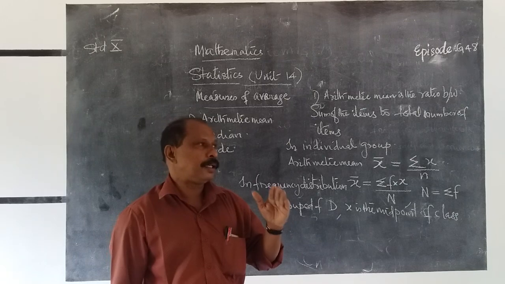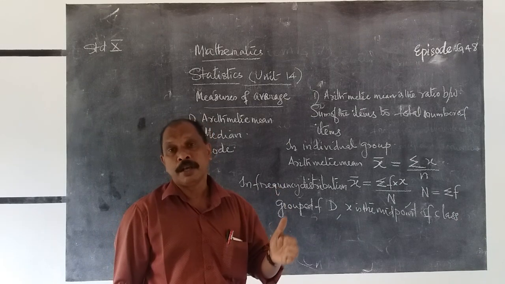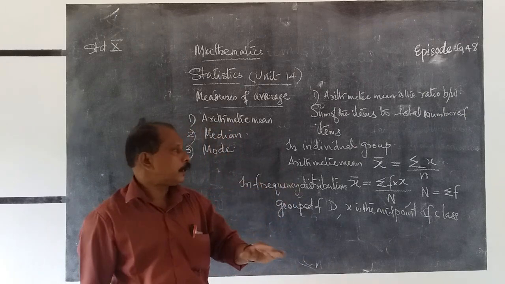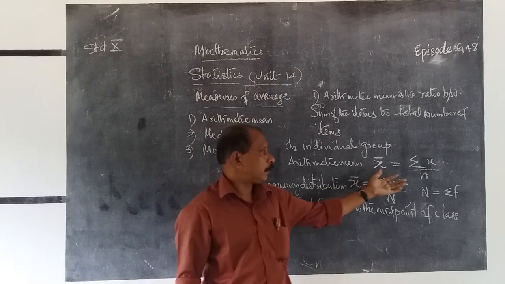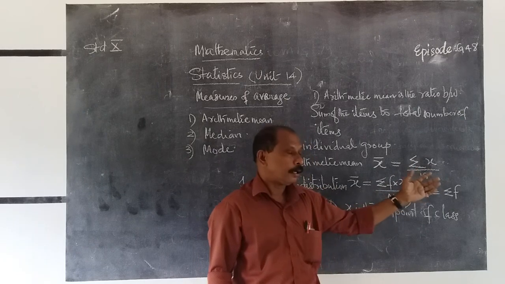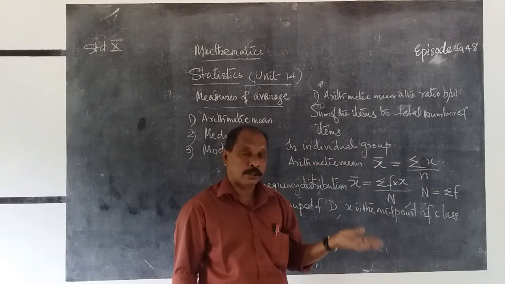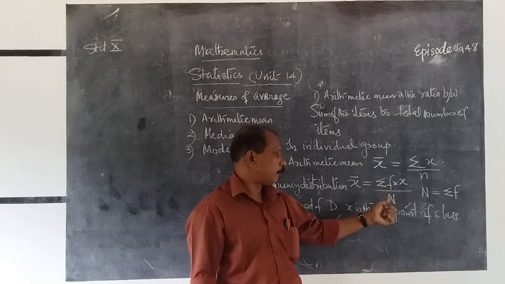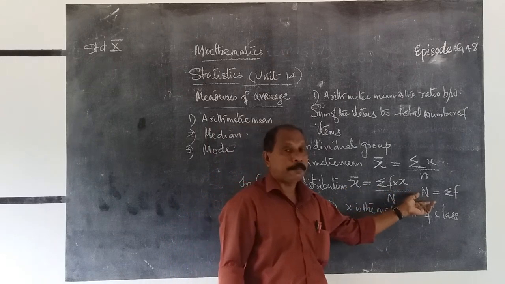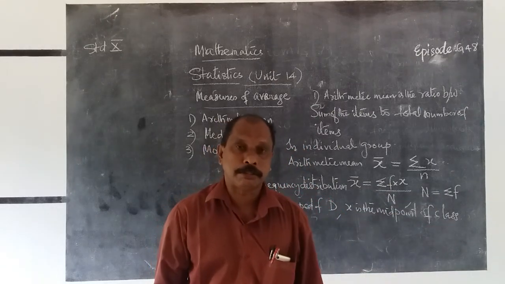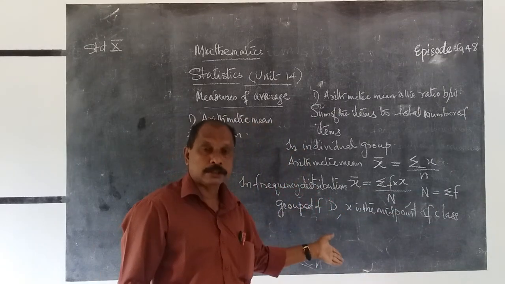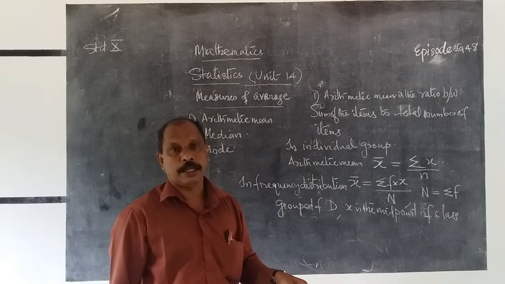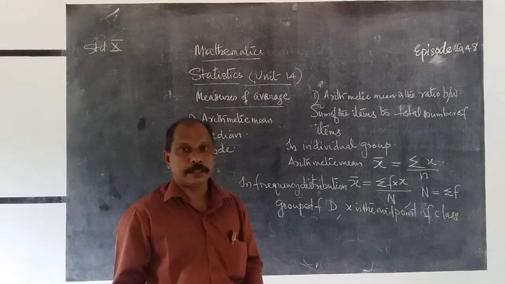Therefore, arithmetic mean is defined as the ratio of sum of the items to total number of items. In the case of individual series, arithmetic mean x bar is equal to sigma x by n. In the case of frequency distribution, ungrouped and grouped, arithmetic mean x bar is equal to sigma f into x by capital N, where capital N is the sum of the frequencies, that is sigma f. And in the case of classes, x is the midpoint of each class. Okay? Then the problems will be in the next episode.